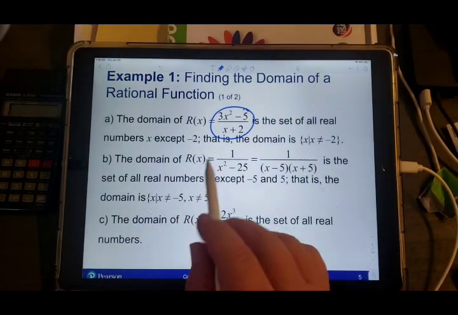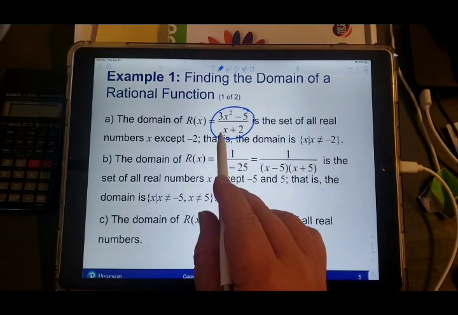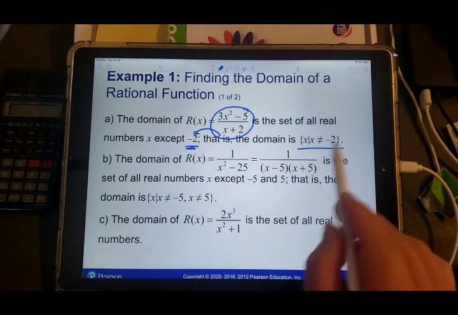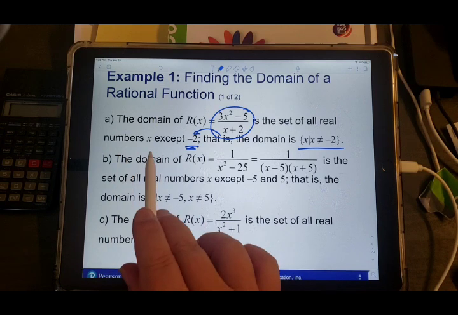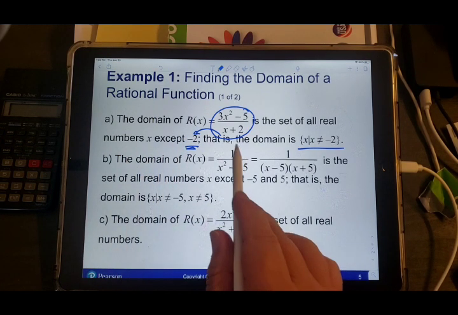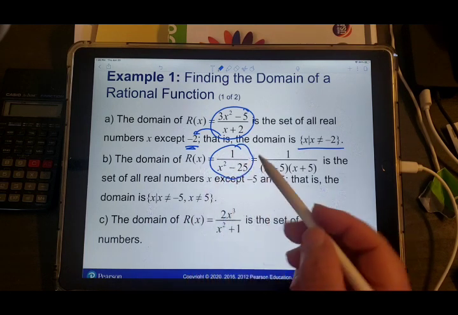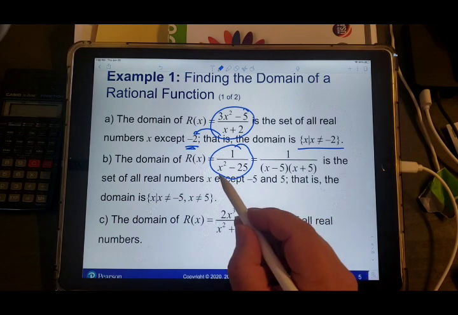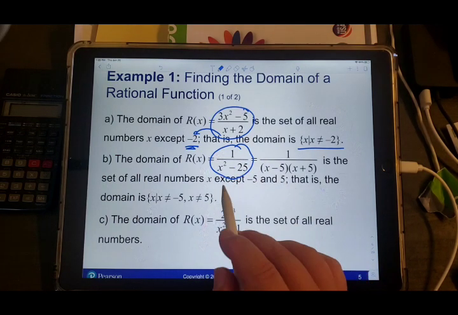Polynomial over a polynomial. And if you set the denominator equal to 0, you'll see where you're dividing by 0. So it is a rational function, and we know its domain. Rational function. By the way, 1 is a polynomial of degree 0, but it's considered a polynomial.